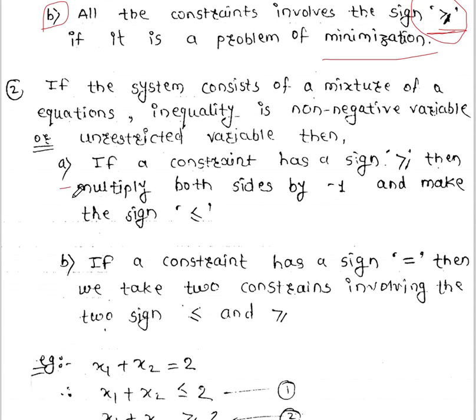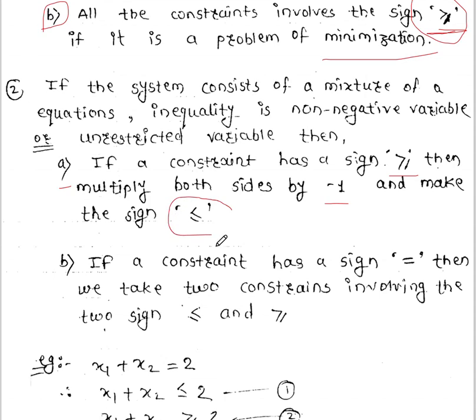Case number 1: if a constraint has a greater than or equal to sign, then multiply both sides by -1 and make the sign less than or equal to. Suppose the given problem is maximization and there is a greater than or equal to sign. Then we multiply that constraint by -1, so it can be converted into the less than or equal to form.